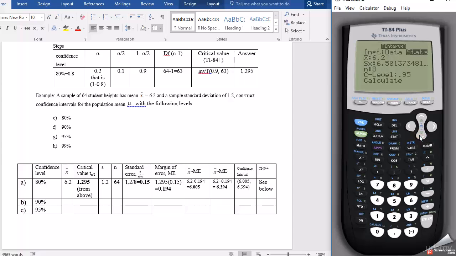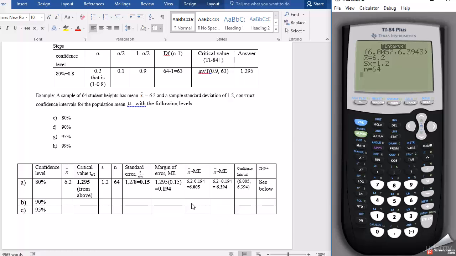The standard deviation of the sample is 1.2, n is 64, and then the confidence level in this case is 0.8.